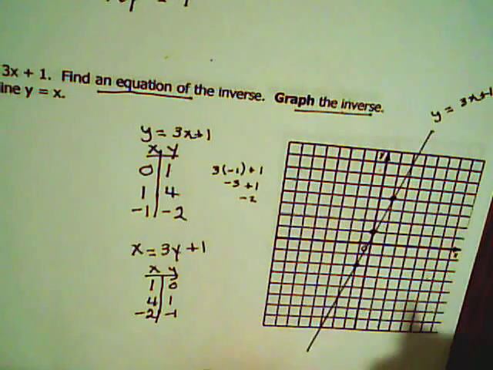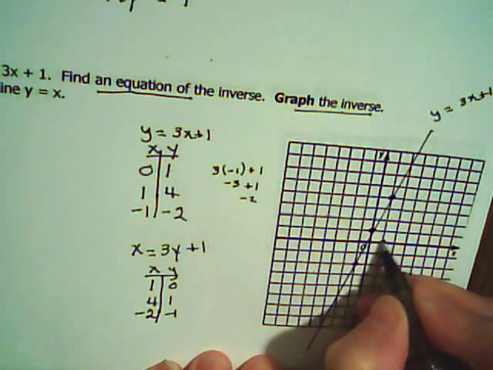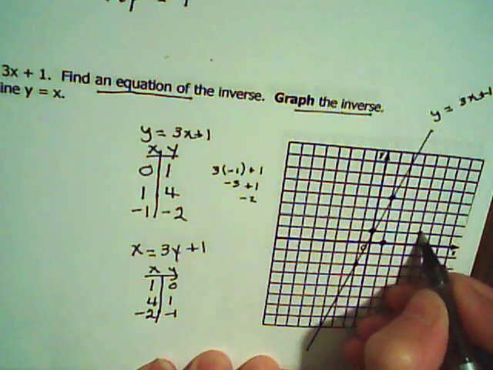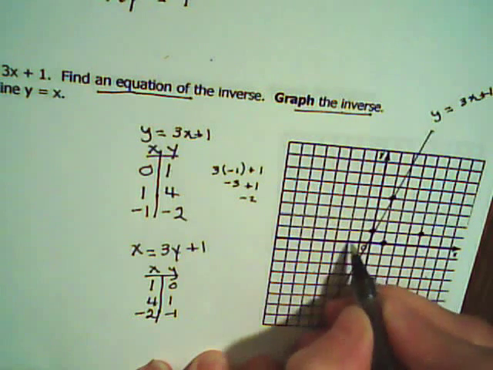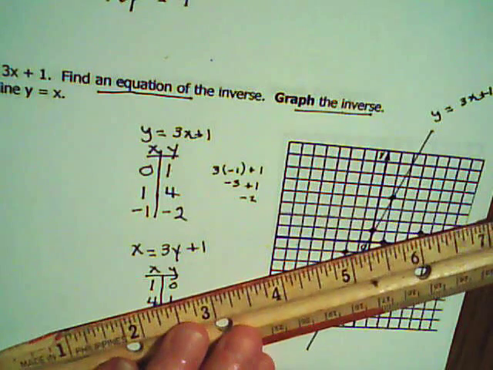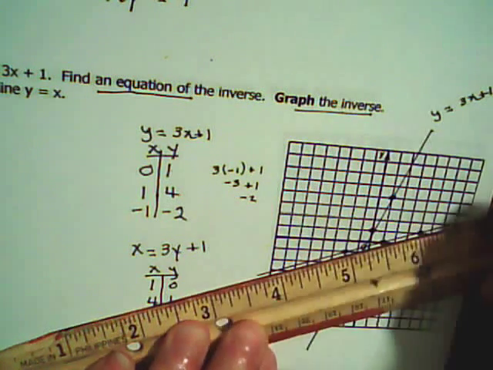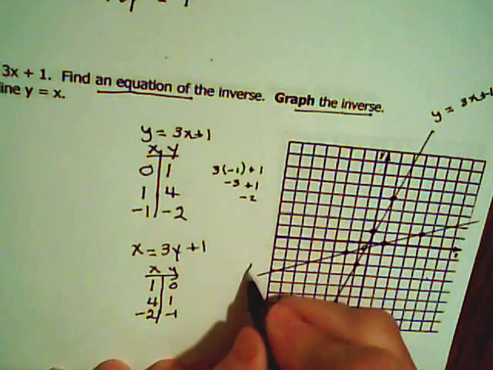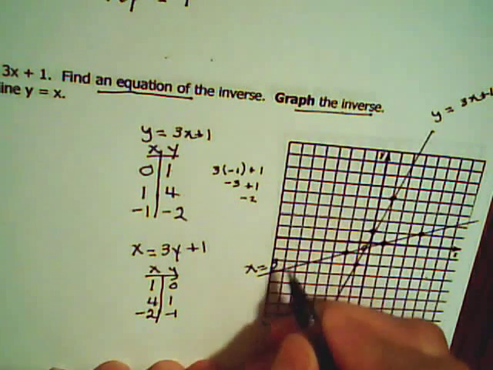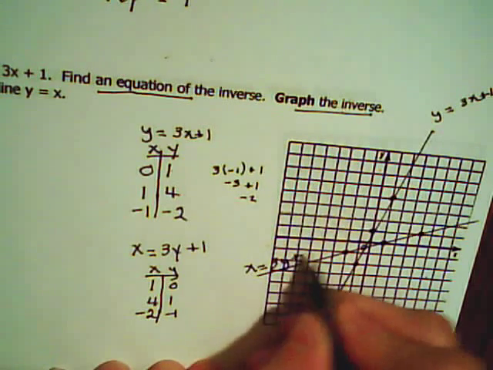Now we're going to take these points, (1, 0), (4, 1), and (-2, -1), put them on a graph. Now again, with my ruler, I'm going to sketch that. That's the graph of our inverse, x equals 3y plus 1.